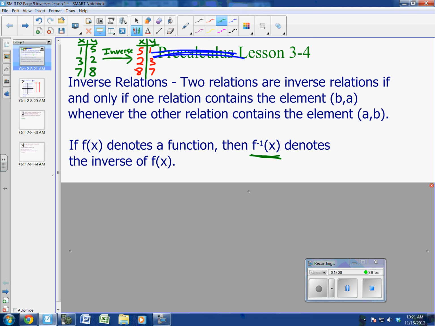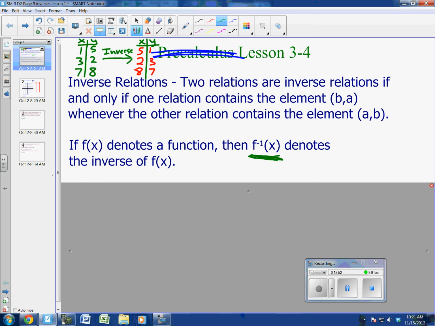I think it's a bad way to represent it. You know why? Because what does that negative 1 look like? It looks like an exponent, doesn't it? But it's not. This is not an exponent. You can't think of inverses as exponents. That right there is just the symbol for stating that a function is an inverse of another function.